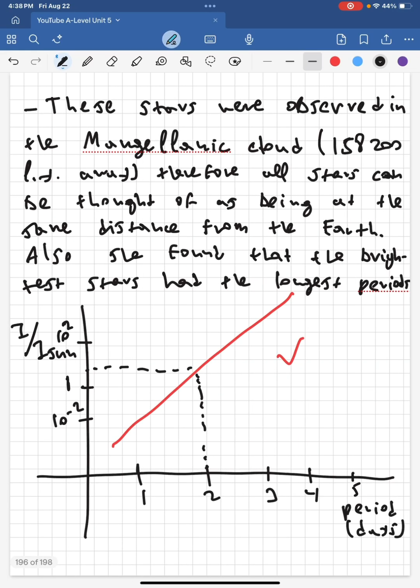She then found that in the Magellanic Cloud there are many Cepheid stars, and the Magellanic Cloud is so far away that we can assume that any star in the Magellanic Cloud is at the same distance from the Earth. And she observed that the intensity of radiation from these stars versus the period of pulsation gives you a straight line, okay?